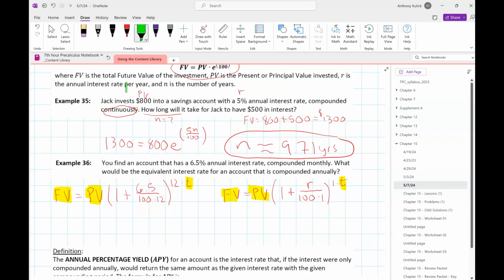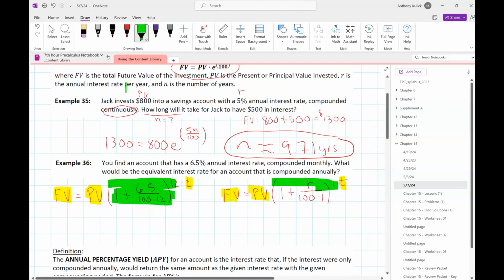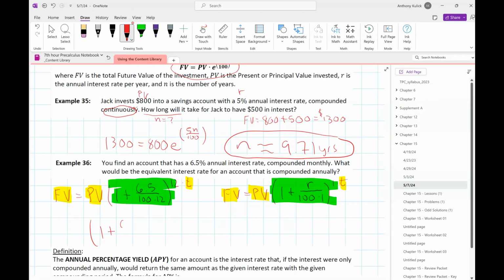So if these two are equivalent equations, this part needs to equal that part, right? Is everybody okay with how I got to this equation?